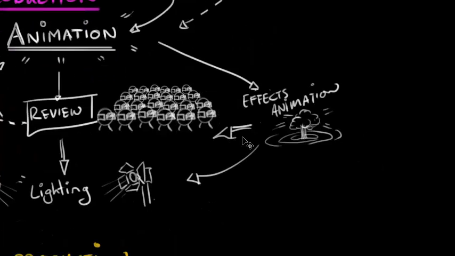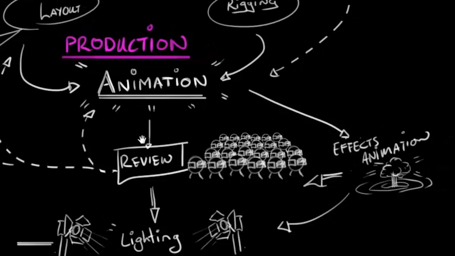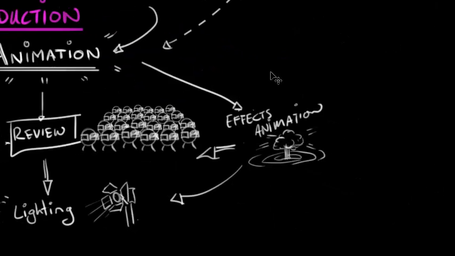Effects animation is all the cloth simulations, hair simulations, explosions, all of the special effects that we put in to enhance the footage. Effects animation cannot stand alone. Just because you have a beautiful explosion doesn't make it a good animation. The entertainment value of animation belongs here in the principal animation. This is kind of the cherry on the cake, but it's not the cake itself.